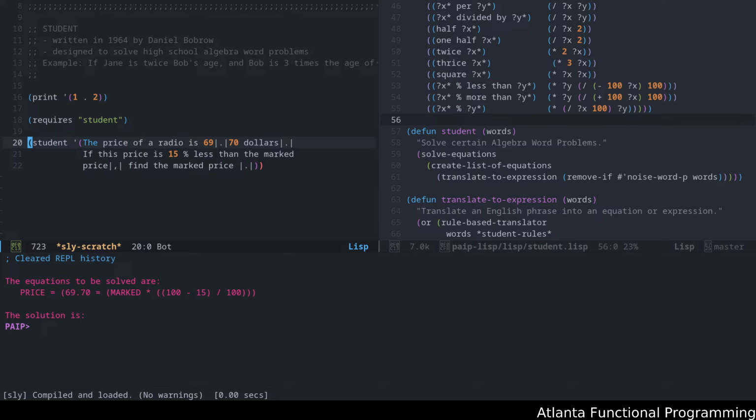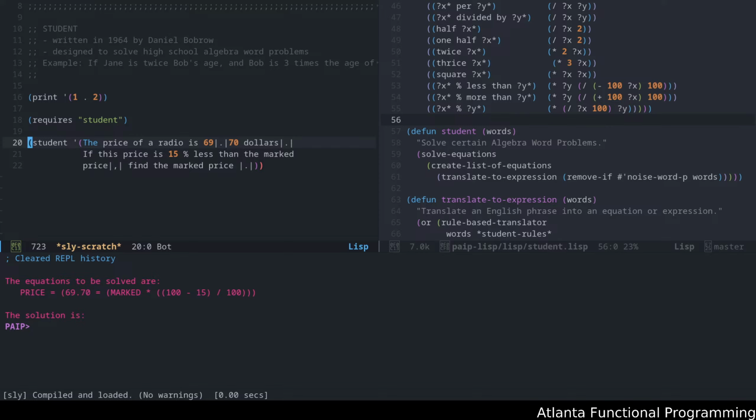The equation is correct, but unfortunately it couldn't solve it, because it doesn't know what the unknowns are.